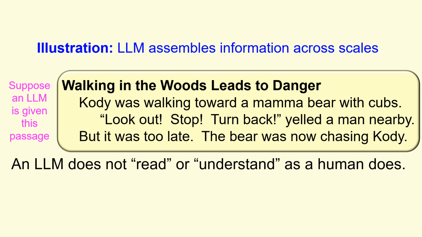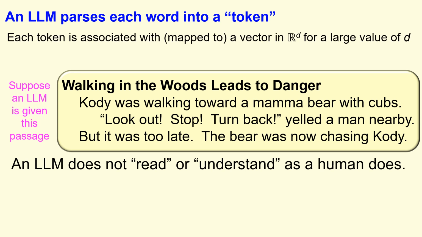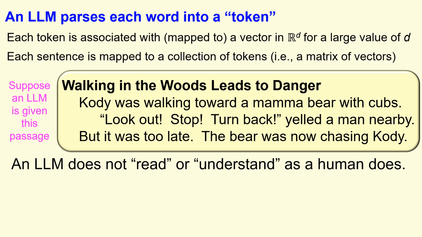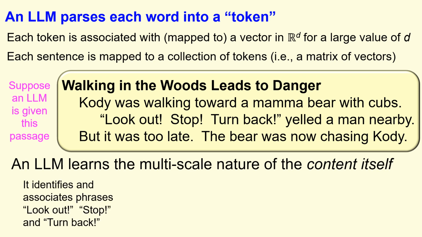Now the LLM does not read or understand as I did. It parses each word into a token. Each token is mapped to a vector in R^D for a very large value of D. Each sentence is mapped to a collection of tokens, a matrix of vectors. And the large language model learns the multi-scale nature of the content itself.